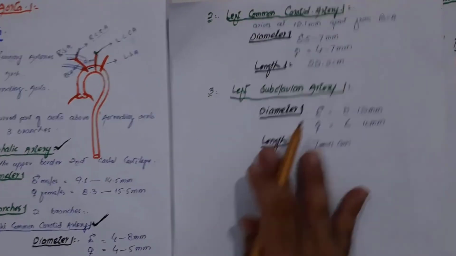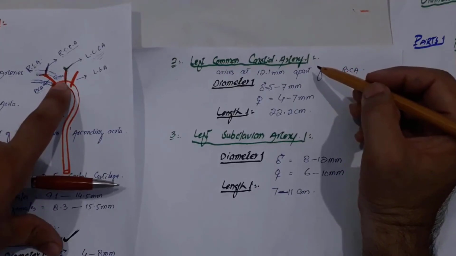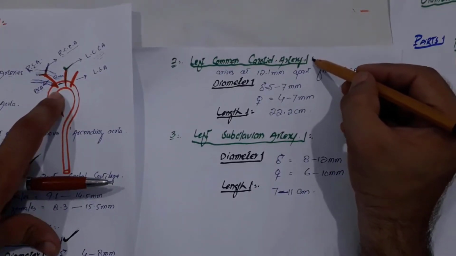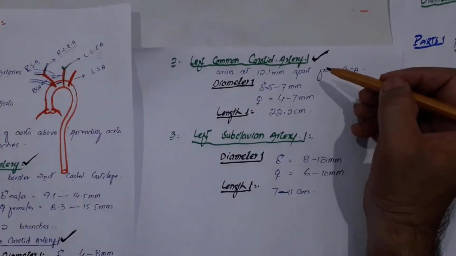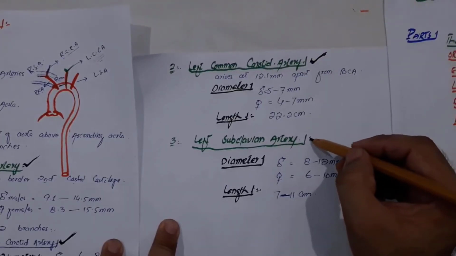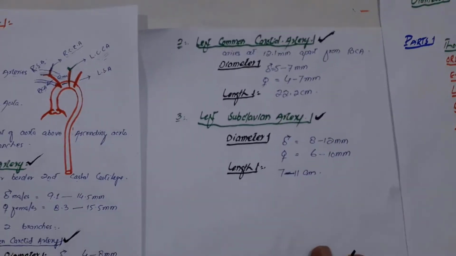Then the second branch that arises from this arch of the aorta is the left common carotid artery, right? And we have mentioned its dimensions. And then there is the left subclavian artery, and here we also have its dimensions.